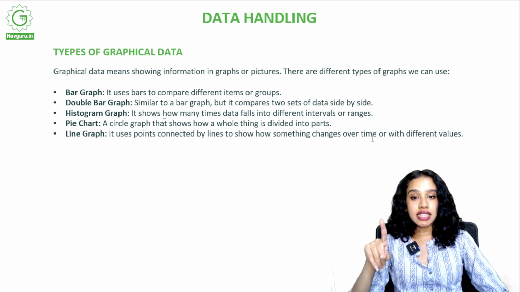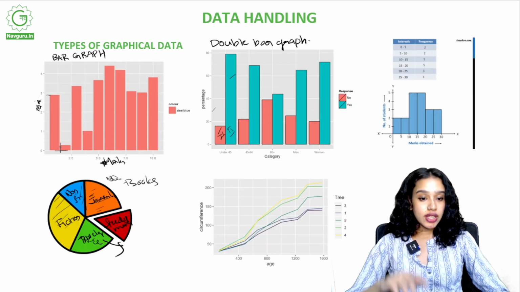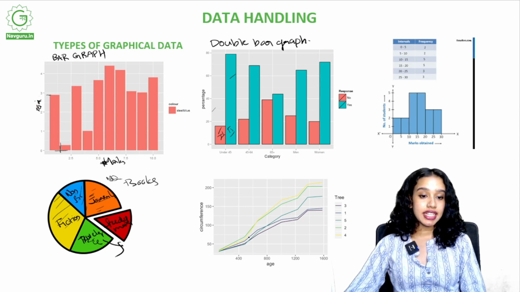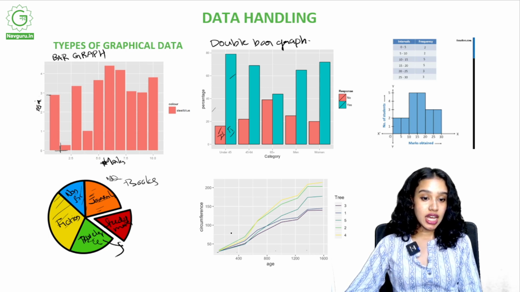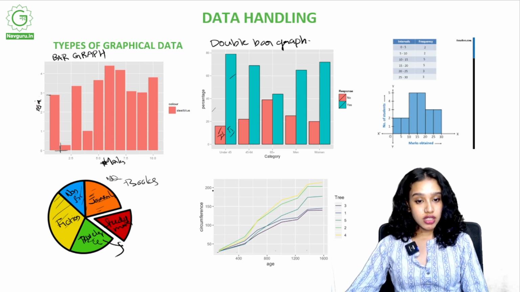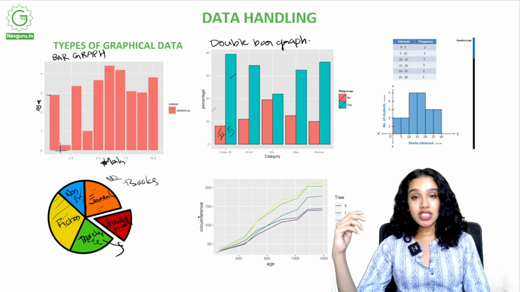Now we have a line graph. It uses points connected by lines to show how something changes over time or with different values. If we see here, we have the circumference of the tree and the age of the tree. When I'm moving towards my right, I have the age of the trees increasing. And when I'm moving vertically, I have the circumference of the trees. You know about the annual rings in the trees, right?